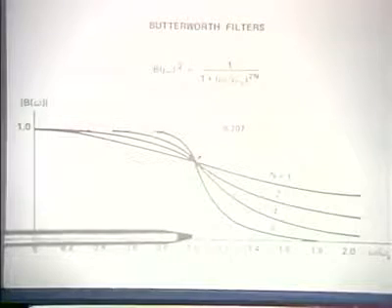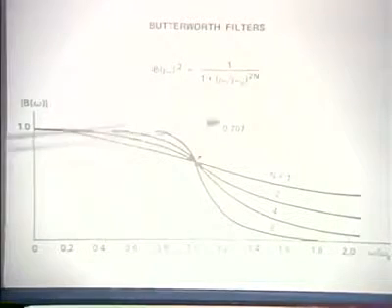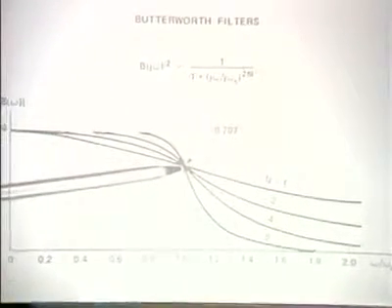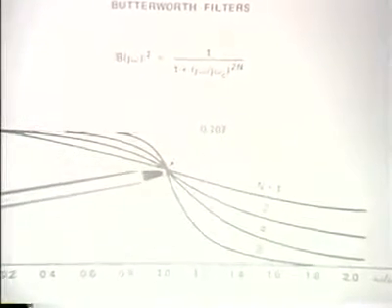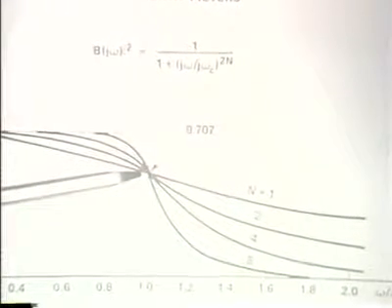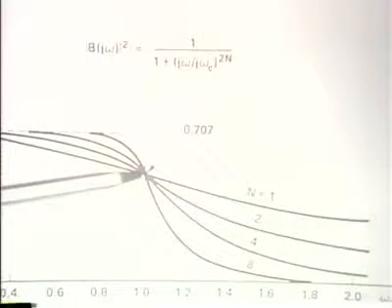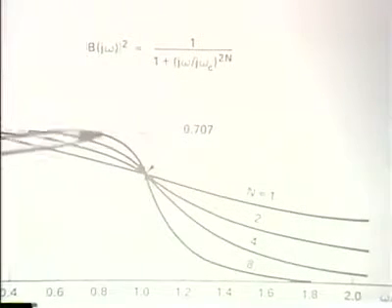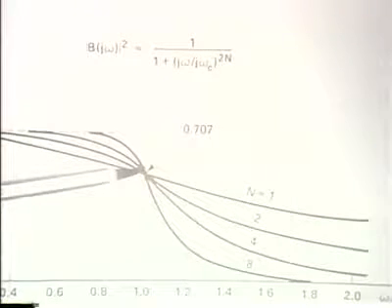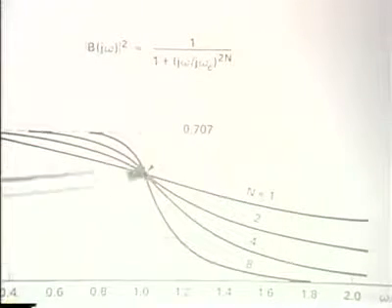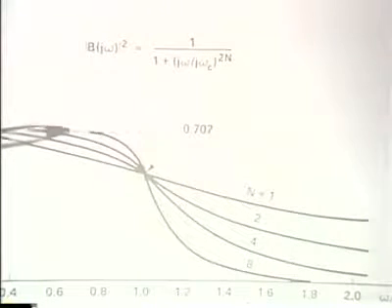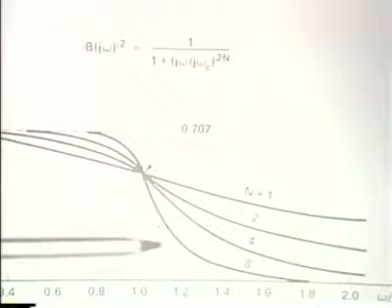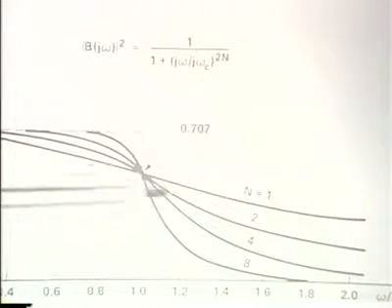At a frequency equal to the parameter omega sub c, which is referred to as the cutoff frequency, the Butterworth filter frequency response always goes through the same point, namely 0.707. As the order of the Butterworth filter, capital N, increases, the transition from the pass band to the stop band becomes sharper and sharper. So for higher order filters, the frequency response is flatter in the pass band and drops off more quickly and attenuates more in the stop band.